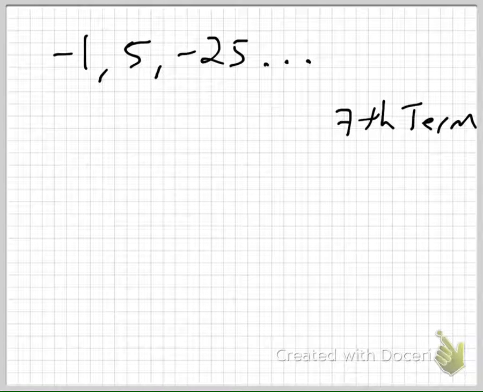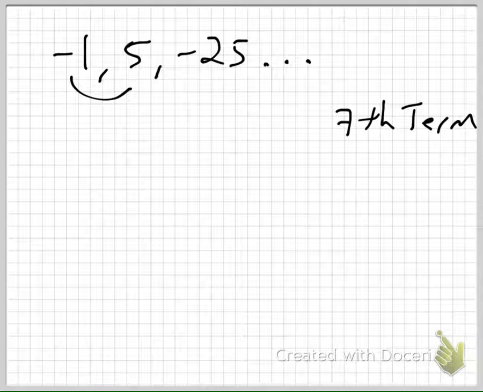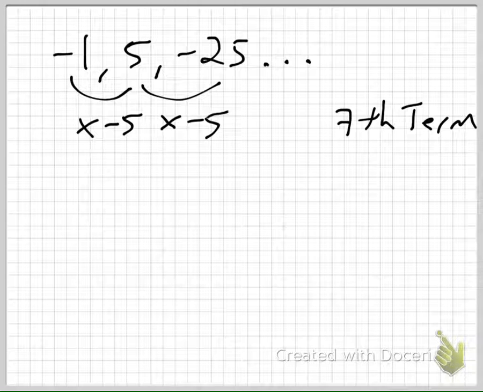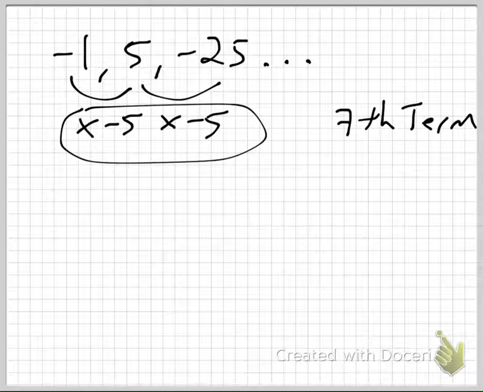Anyway, to go from -1 to 5, that would be times -5, and 5 times -5, they're consistent, so the common ratio would be -5. The formula goes a to the, what term am I looking for?